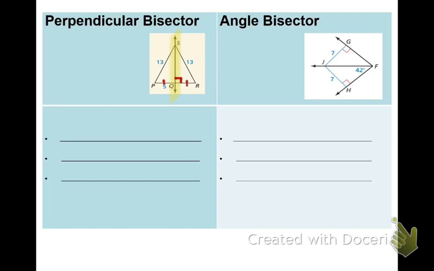So go ahead and write in those dashes. It means Q is the midpoint. So the property that we learned about it is that it is equidistant from the point to the endpoints. So from S to P is the same as S to R. You can see that in the picture with the 13s.